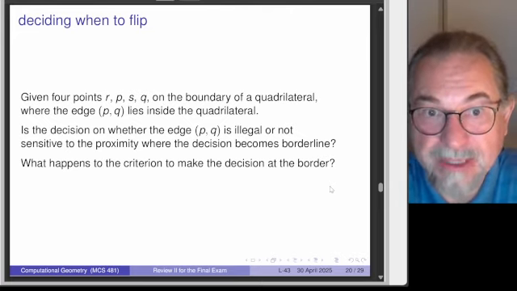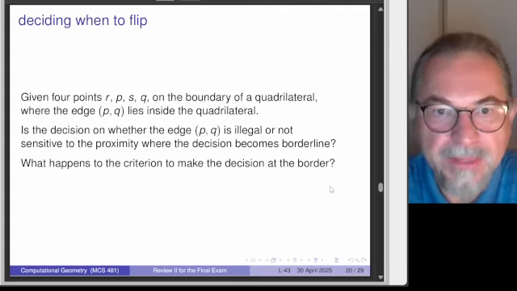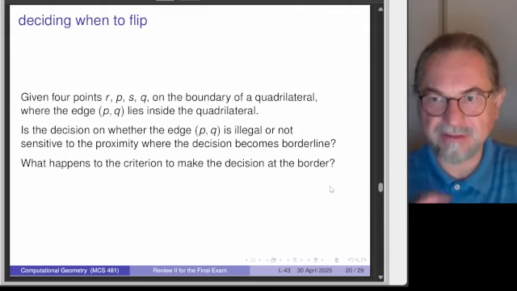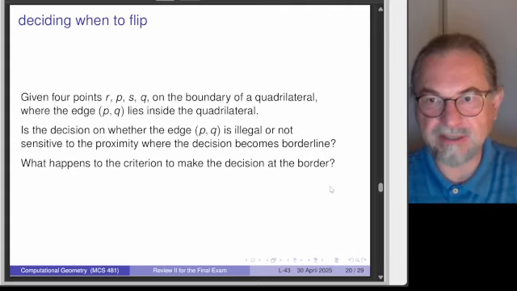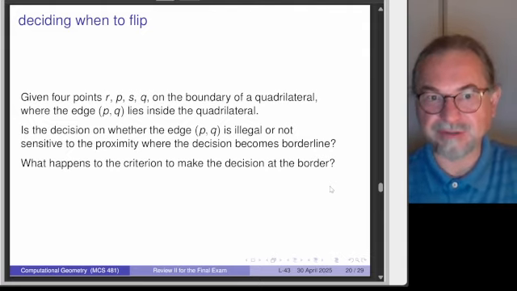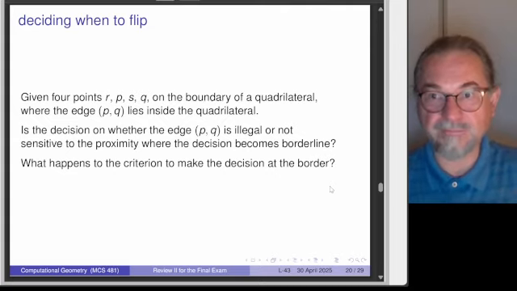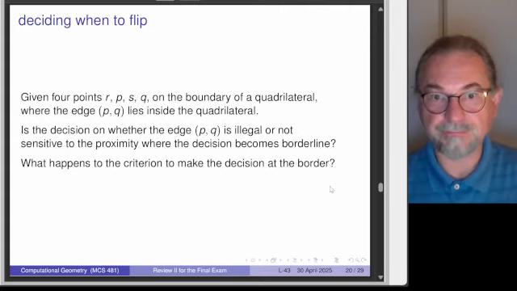We have the edge PQ, and the decision on whether the edge is legal or illegal, there might be a borderline case. So that decision might be critical, but how sensitive is this? So what happens to the criterion if you have to make this decision at the border? So what does it actually mean, borderline?